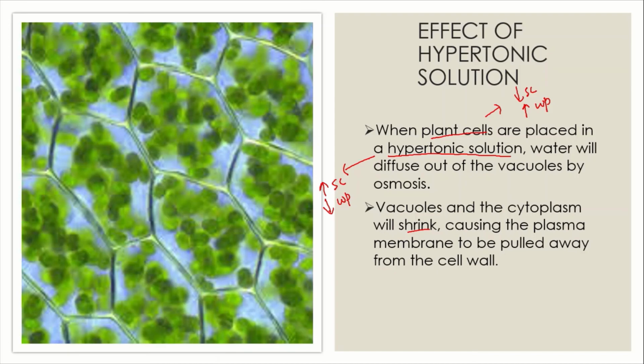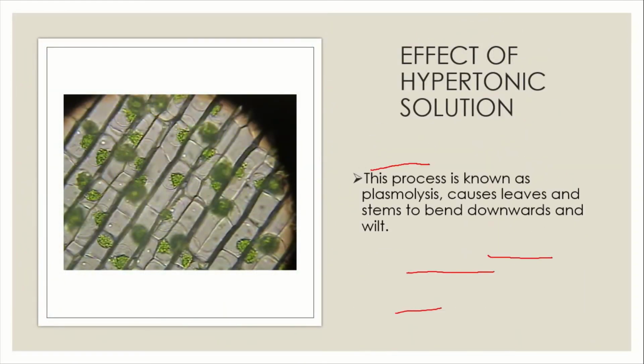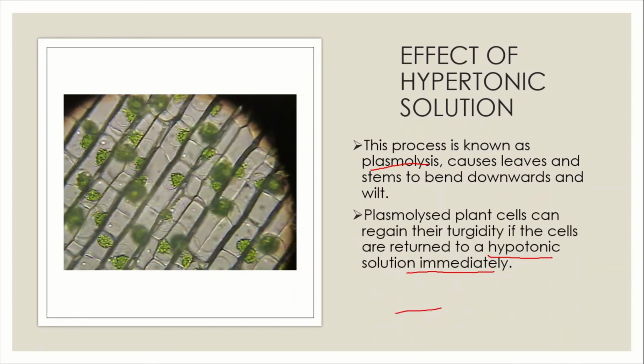Dan proses yang berlaku itu dinamakan plasmolysis, di mana leaf and stem to bend downward and wilt. Pokok tu layu.